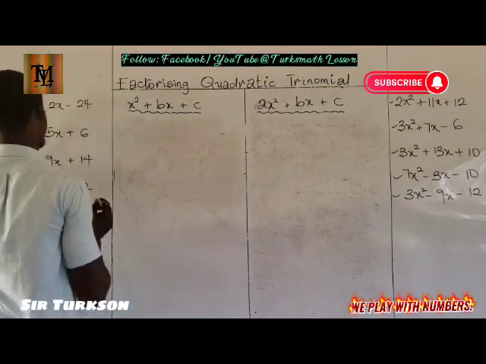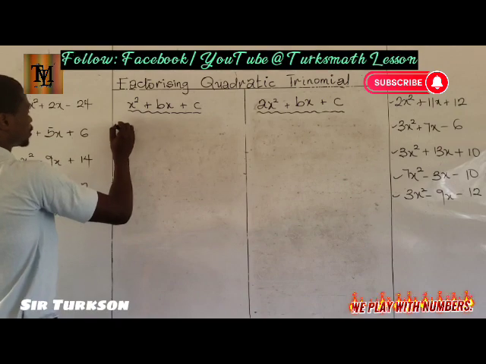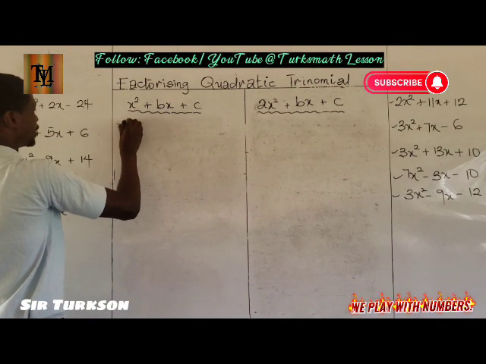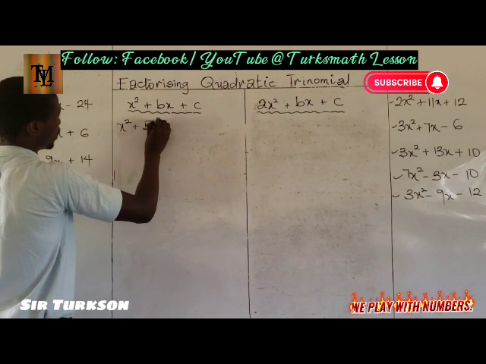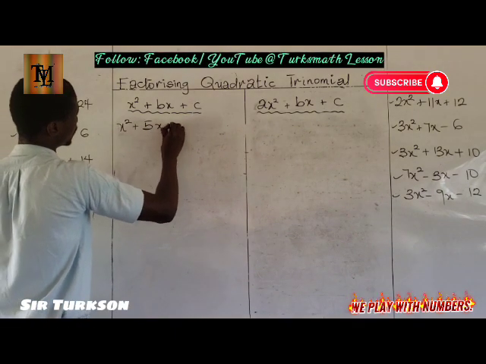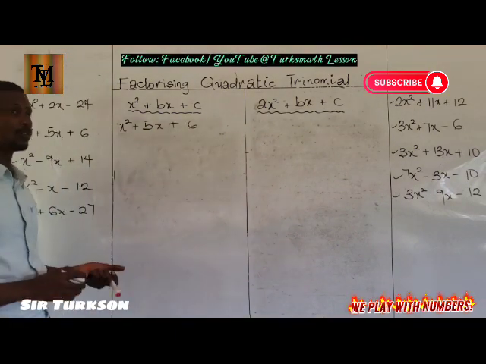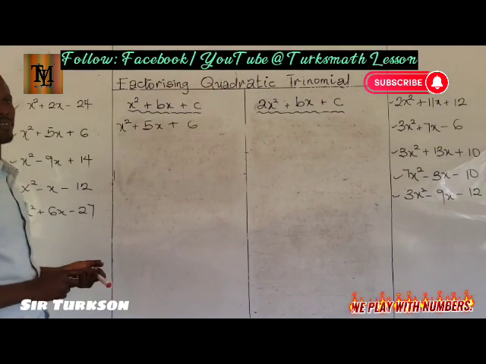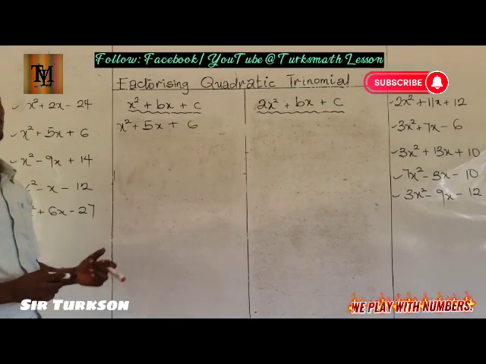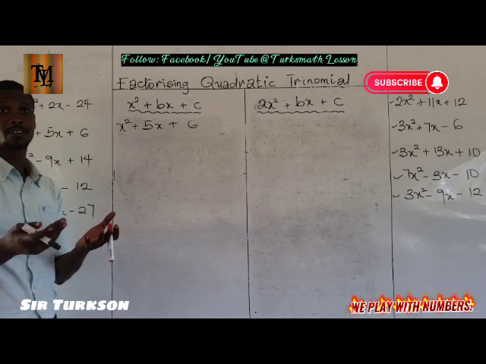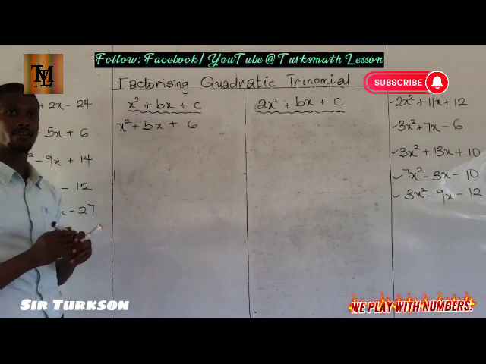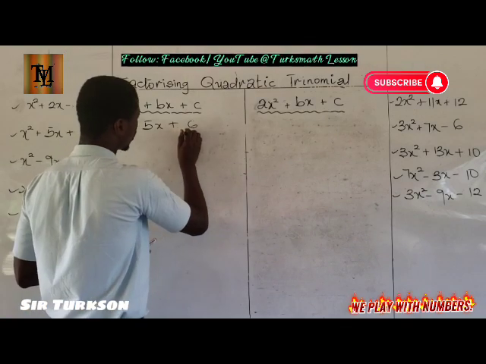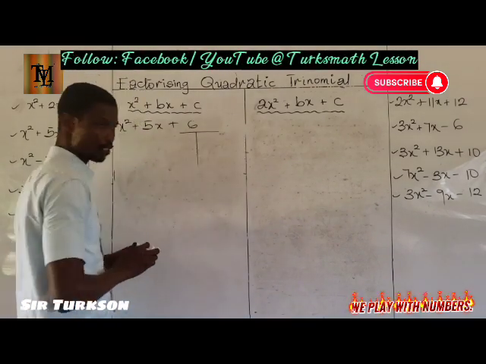So our second example here is x squared plus 5x plus 6. Very good. With what you have learned, what are you supposed to do here? Yes. Find the common factors of 6.